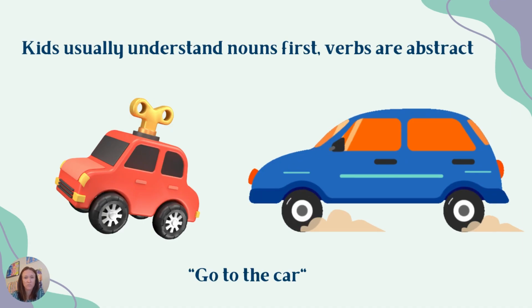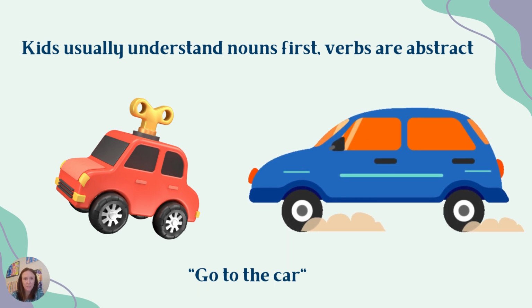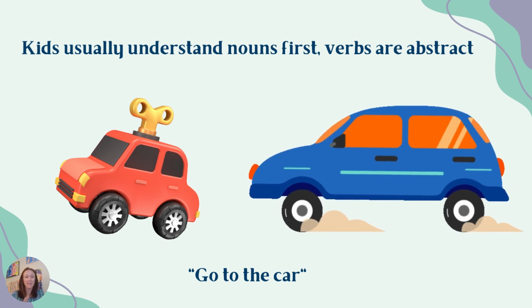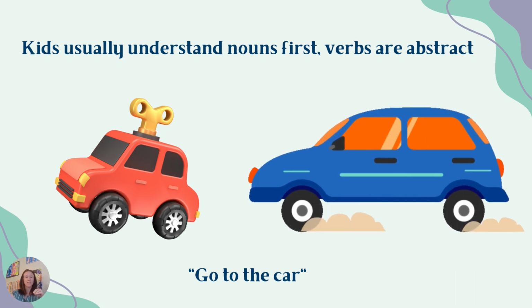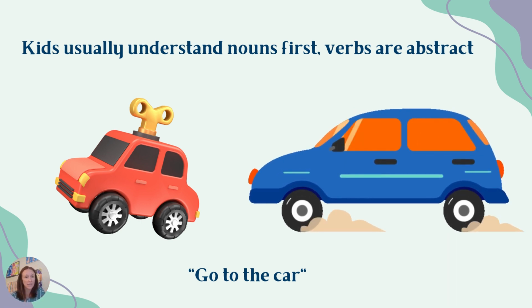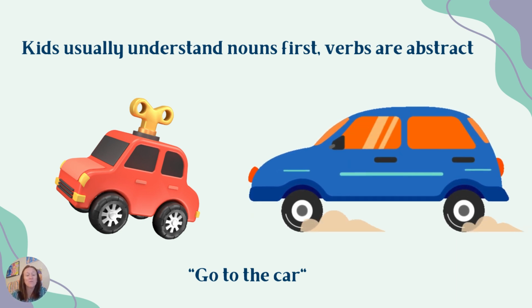And the picture of the shoes can trigger them to understand and eventually pick up that word. So that works for nouns. What about verbs? Kids usually understand nouns first. Verbs are more abstract. We have a lot of double meaning words. If I said slide, that could mean slide down, slide into home plate. It's not the best example, sorry.